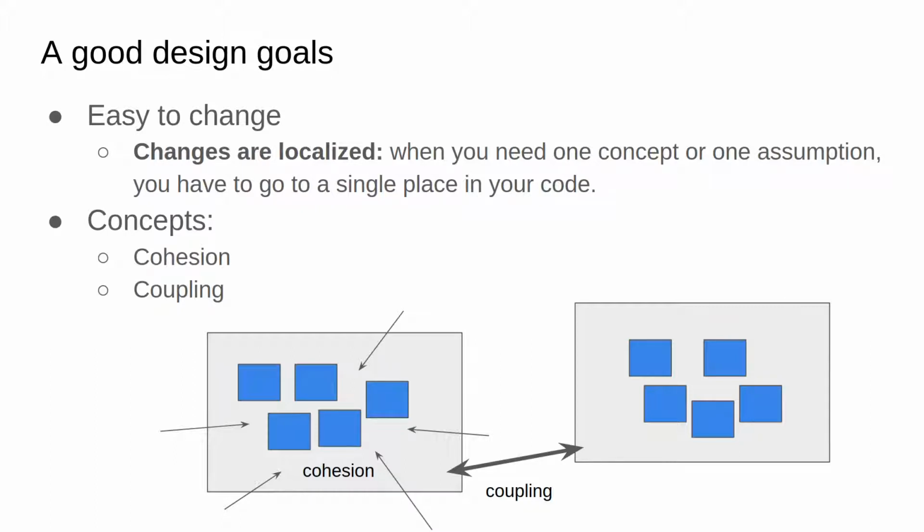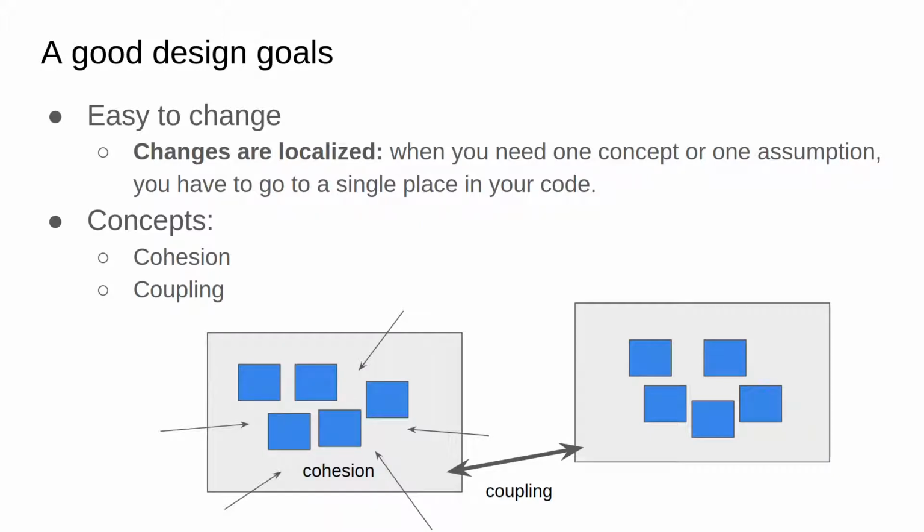But you want low coupling. When things are in different places, these two modules, they are different modules, the dependency between these two modules should be small. So that's what we say low coupling.